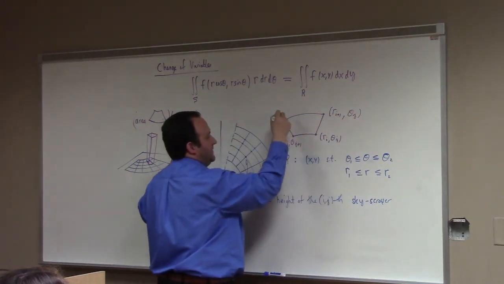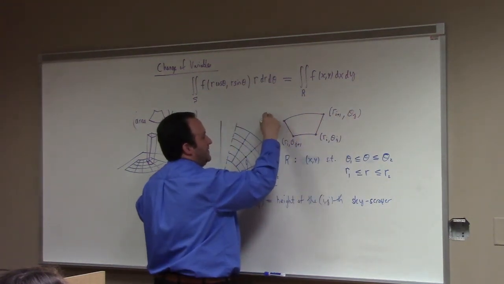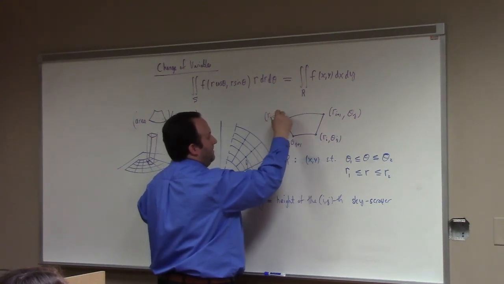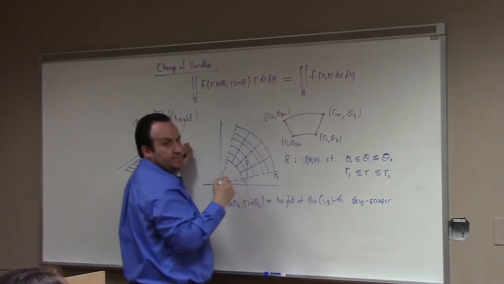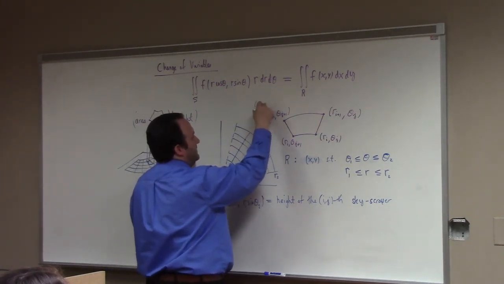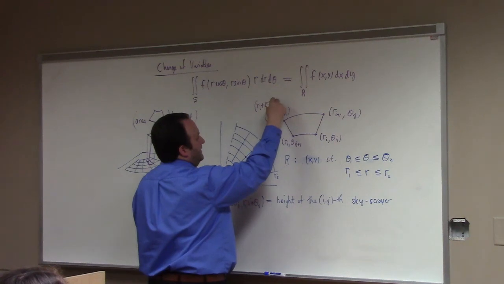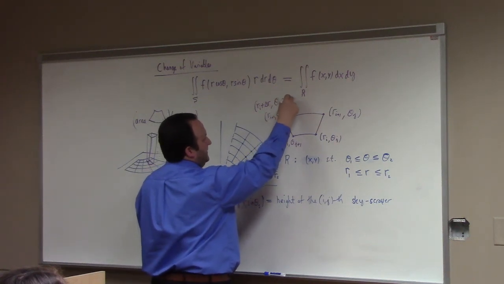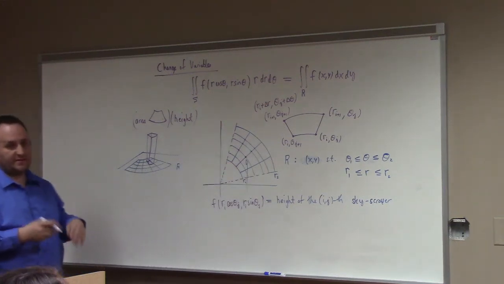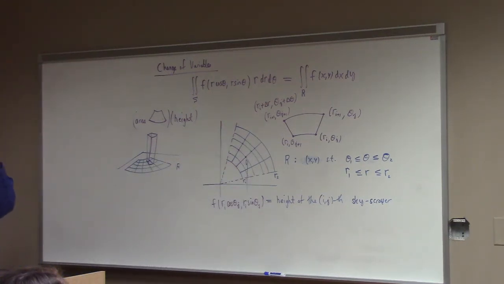And my enumeration up here would be r sub i plus 1 and theta j plus 1, right? But what we're going to do is just say, okay, well, that's really r sub i plus the delta r and theta sub j plus the delta theta. In other words, we're going to assume that this grid is regular, that it's got the same change in radius going from one band out to the next, and the same change in theta going from one band out to the next, right?